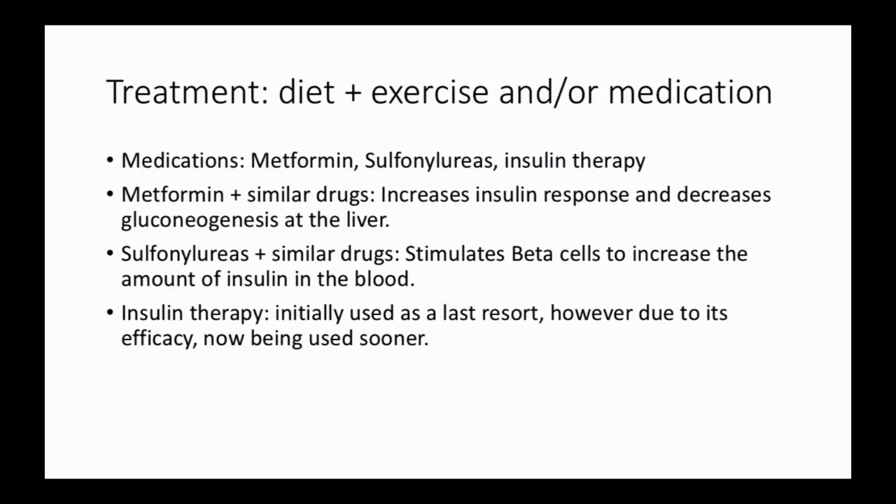That's going to cause a lot of health problems. More often than not, they're starting to change their attitudes about insulin therapy. Now they're using insulin therapy much sooner for type 2 diabetes because it controls blood glucose levels so effectively, far more effectively than metformin or sulfonylureas do.